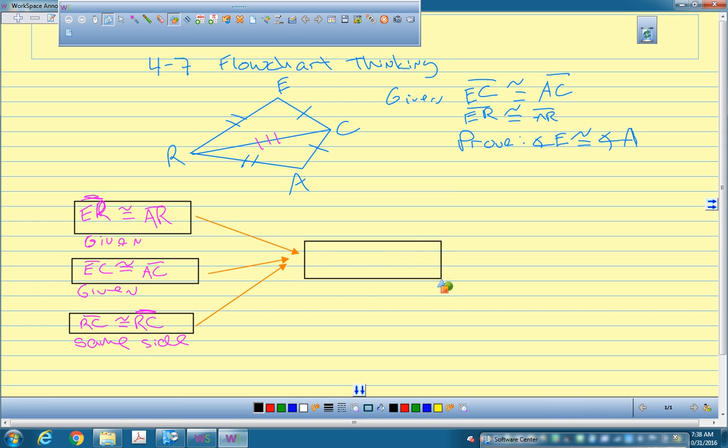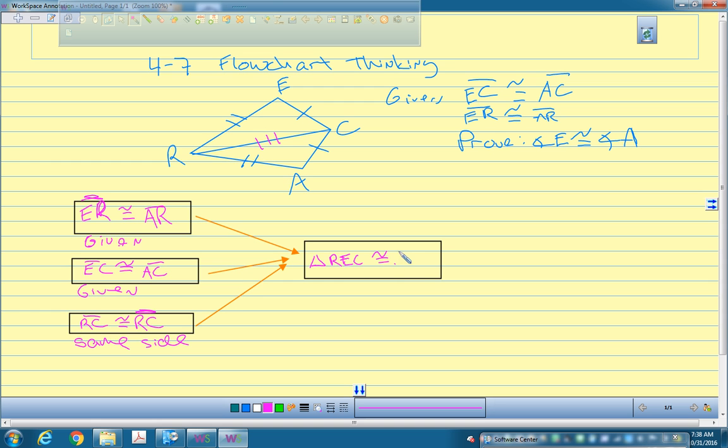And when I put those into another box, then I could say that these two triangles are congruent. So triangle REC is congruent to triangle, name them in order. So if I name this one REC, I name this one RAC. RAC. And what's the reason for that?